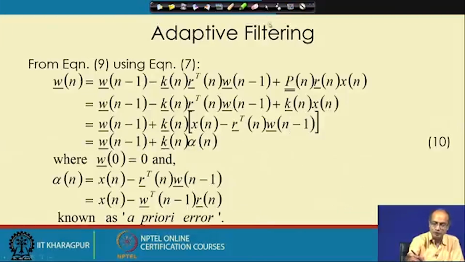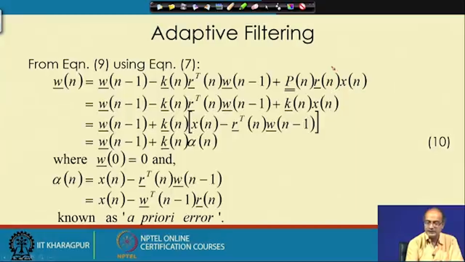So we look further for simplification, and in the next step we start from where we are. We are there in the last page, and from that expression what we do, we get the last part, that Kn equal to the matrix Pn into Rn.